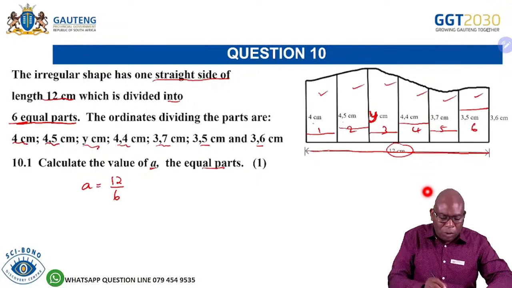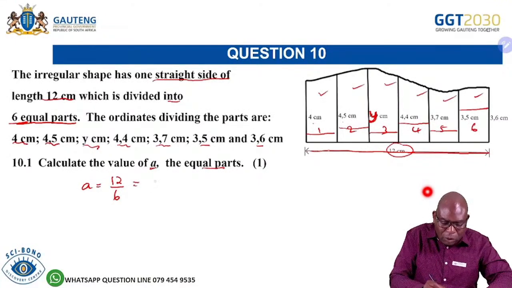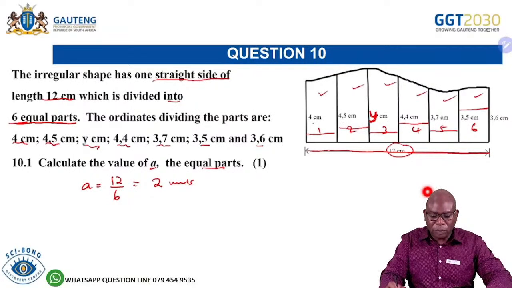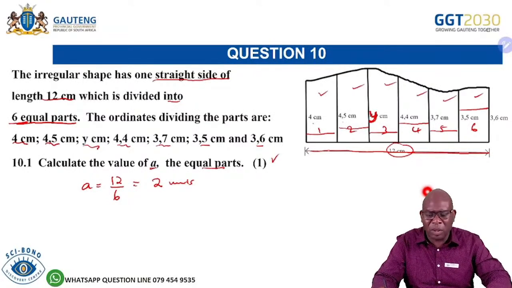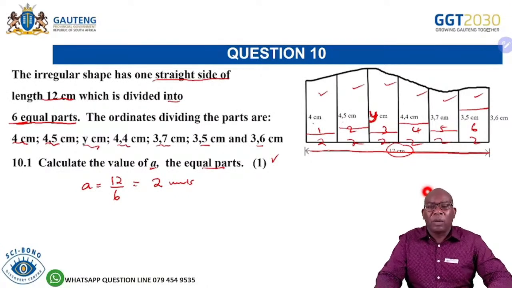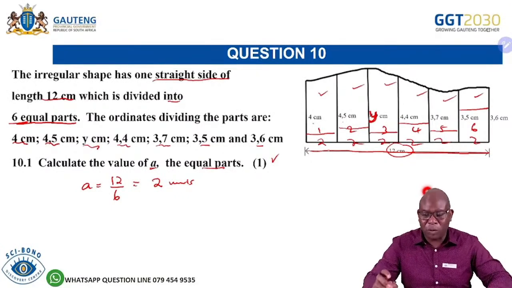So A divided by that, and I'm going to get 2 units. So my A is going to be 2. As simple as that. This 1 mark everybody must get. If this question comes, sometimes they give it to you. They say this is 2, this is 2, this is 2, this is 2, this is 2. So sometimes they give you the whole length. They want you to do that.